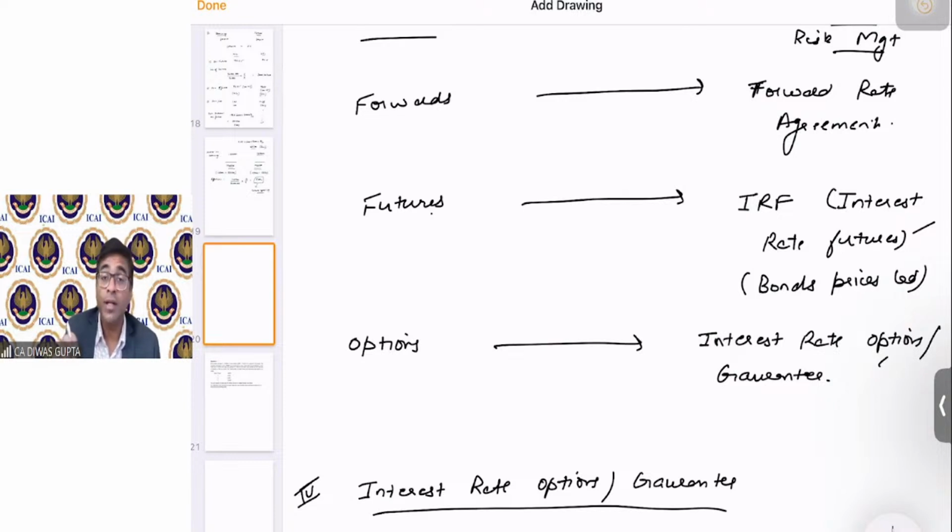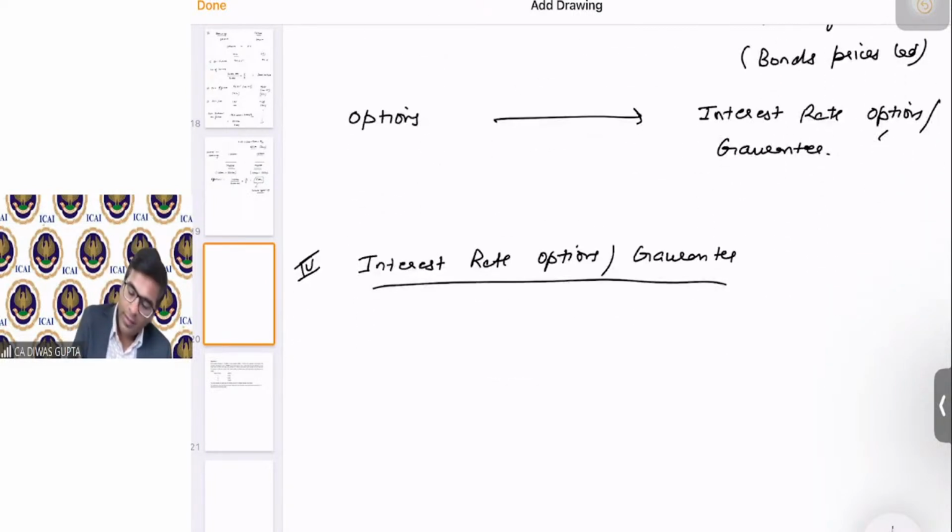In options, there is no commitment. There is a right, wherein if the situation goes wrong, then the holder of that option can exercise the right and make good those losses. Similarly here, an interest rate option or guarantee as an instrument is a right, but not an obligation.